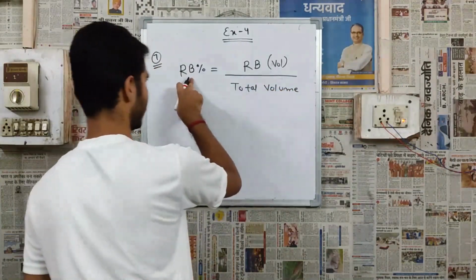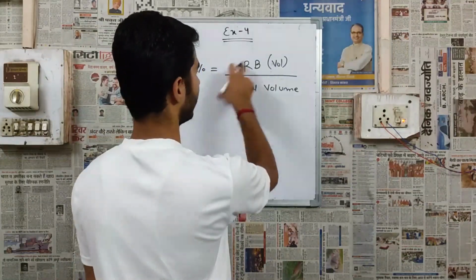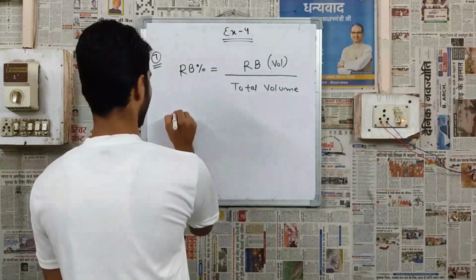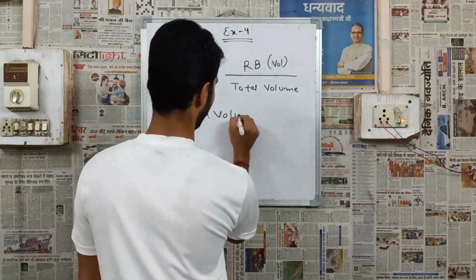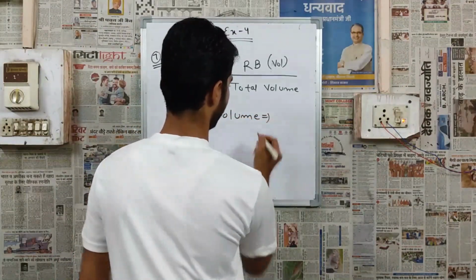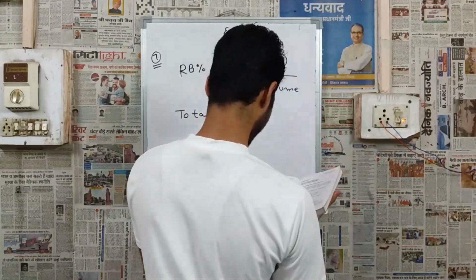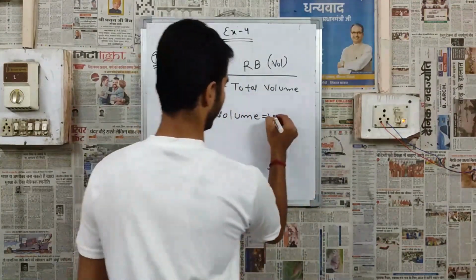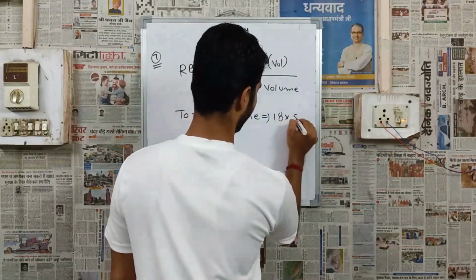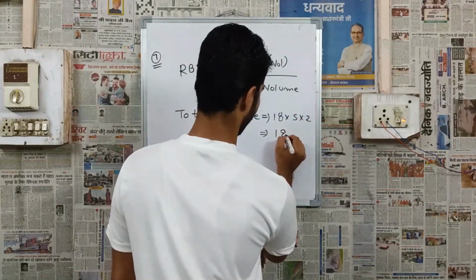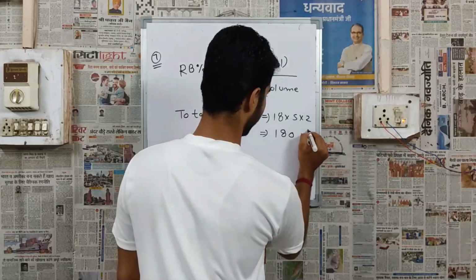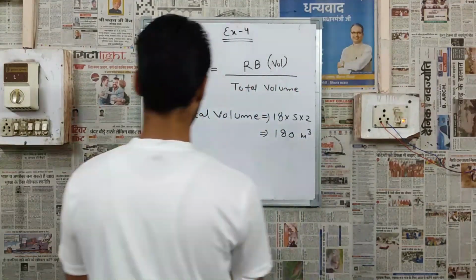Now, total volume is 18 into 5 into 2, that is around 180 meter cube.